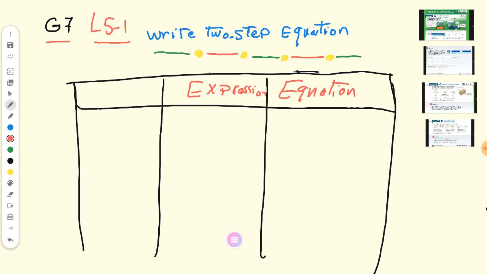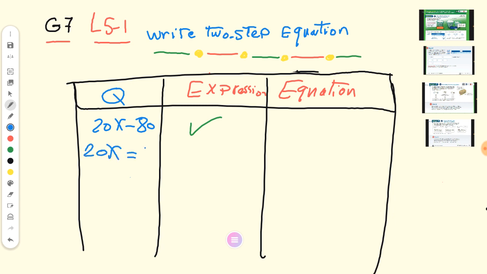I'll give you a question and you tell me if it's an expression or an equation. 20x minus 80, what is it? Yes, it's an expression because I don't have an equal sign. Very simple. An equation has an equal sign. An expression doesn't have an equal sign. That's it.